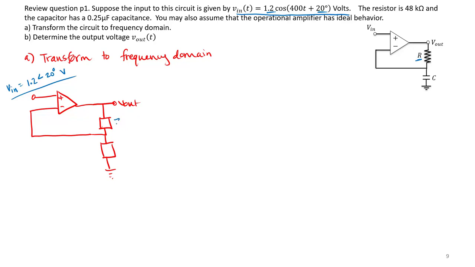Next, we have our resistance R, and we know the impedance of a resistance will just be our resistance value, which is 48,000 ohms. And the impedance of our capacitor, ZC, is going to be equal to 1 over j omega C ohms. In this case, our omega is 400. And we know that our capacitance C is 0.25 microfarads.